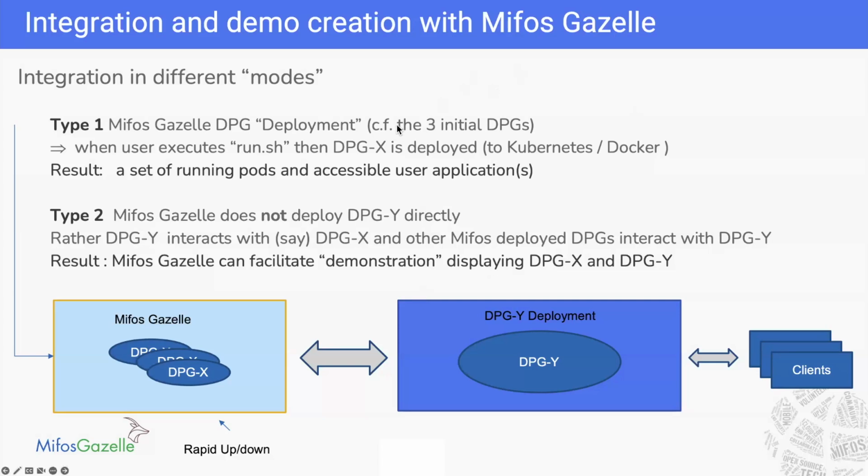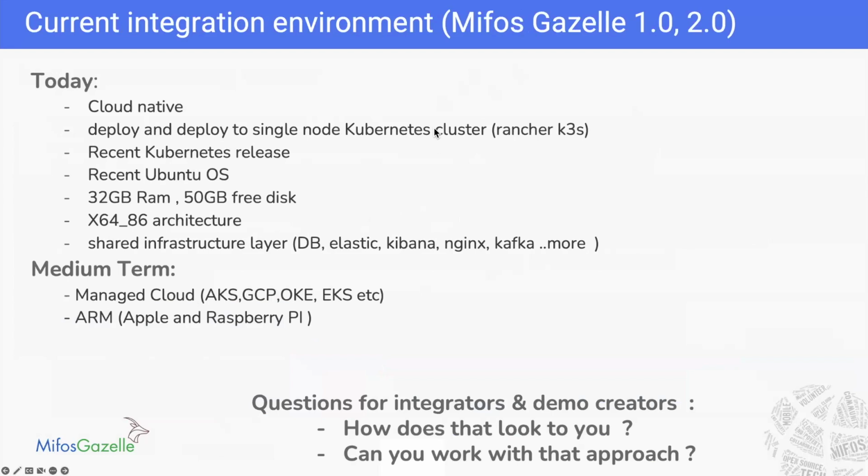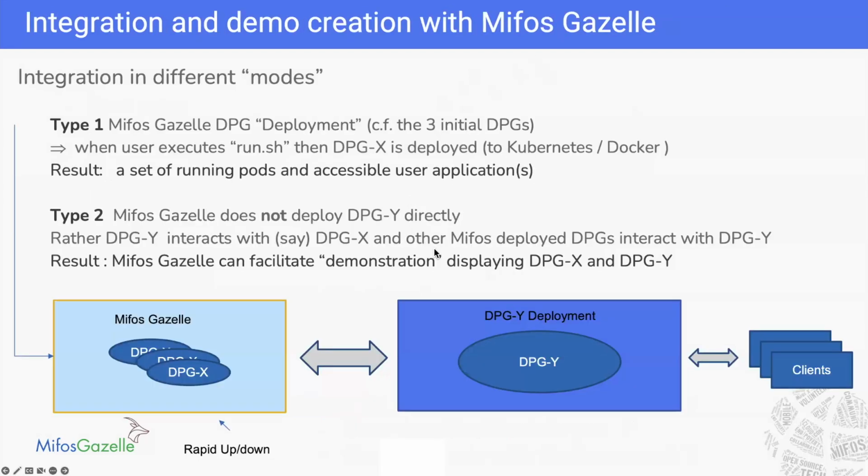If you look at the three initial DPGs that we deploy, when the user executes run.sh, then a new DPG, a new product, a new software package could also be cloned in and deployed. Initially, we're assuming Kubernetes or Docker, and the result of that would be a set of running and accessible user applications, right? Running pods and user applications. So that's type 1. That's what we've looked at.